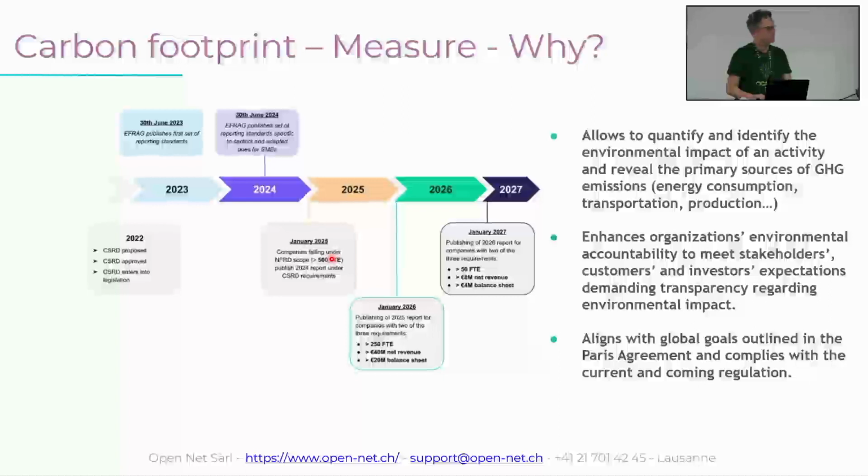But it also helps you to quantify and identify where you should focus in order to reduce your carbon footprint. Is this because of transportation? Is this because of your production? Is this because of energy consumption? This is one of the objectives of the carbon footprint measurement.